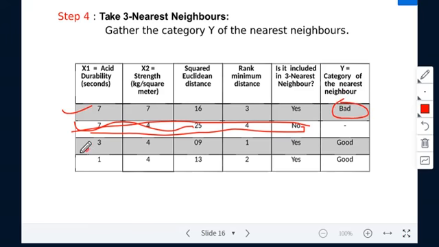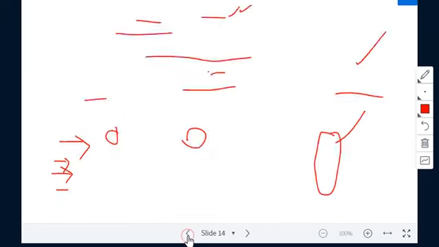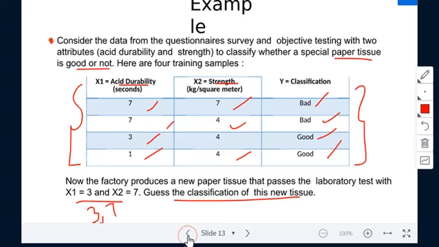The second instance, the class label is good. The third instance, the class label is good. If you want, I can show you once again the original data set. Do you remember here? The first instance is bad. The second instance we do not consider because it's too far. The third and fourth instances are good.